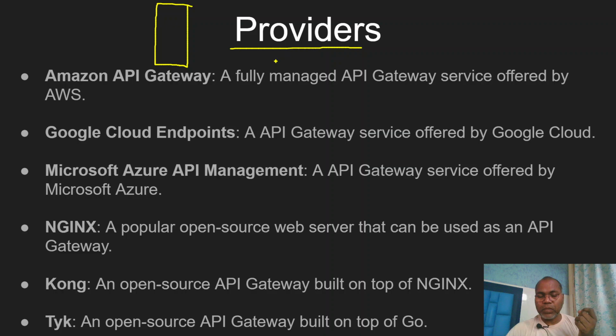So the preferred way is not to think about how we can build the API gateway, but how we can just use one. We just have to be aware that we are going to use it.